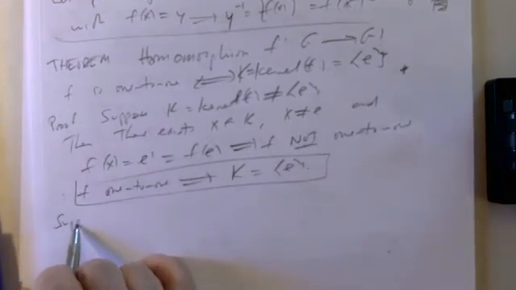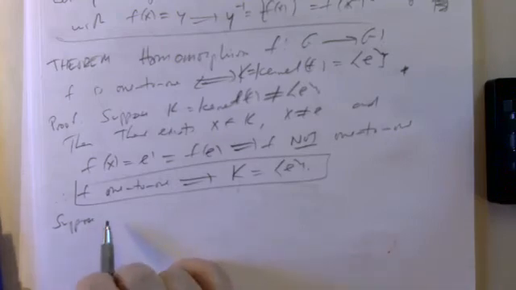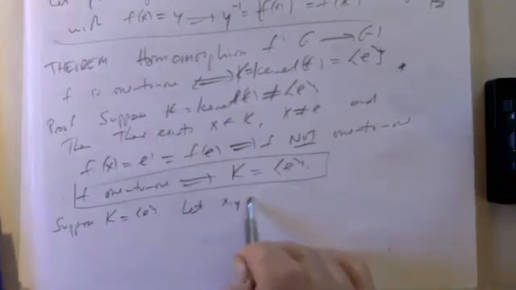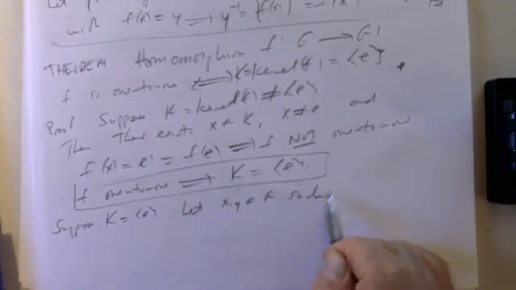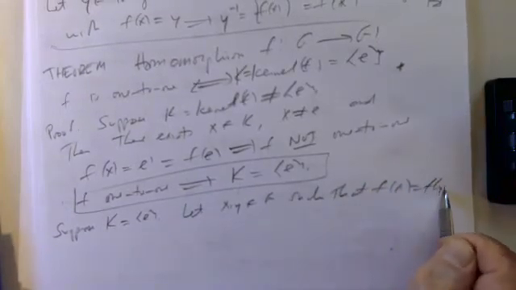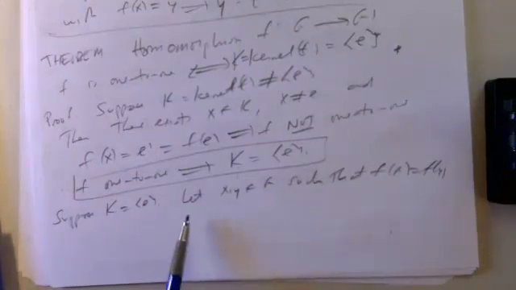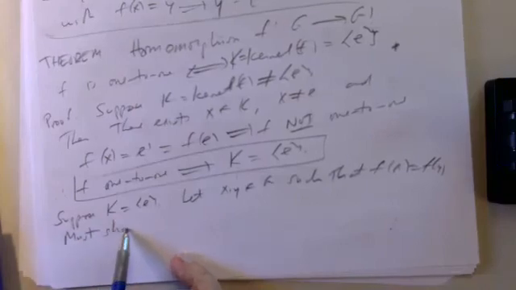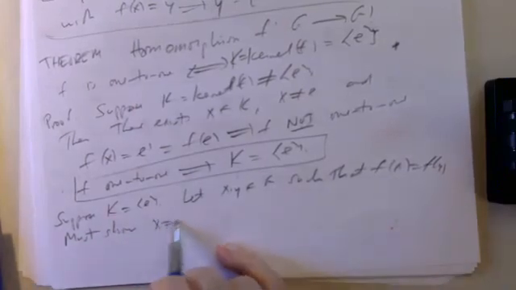What about in the opposite direction? Suppose K consists of just the identity. Take two elements in the group such that f of x equals f of y. I want to show that f is one-to-one, so I must show x equals y.